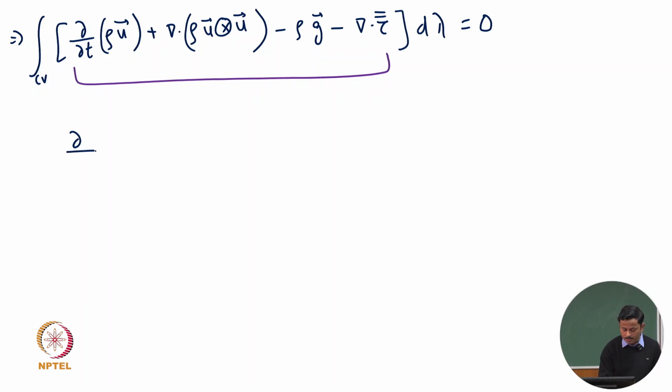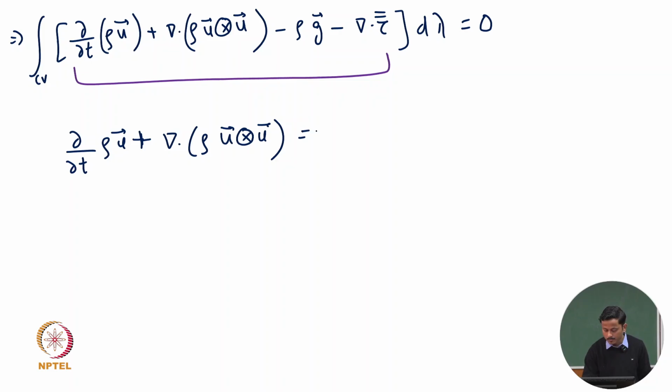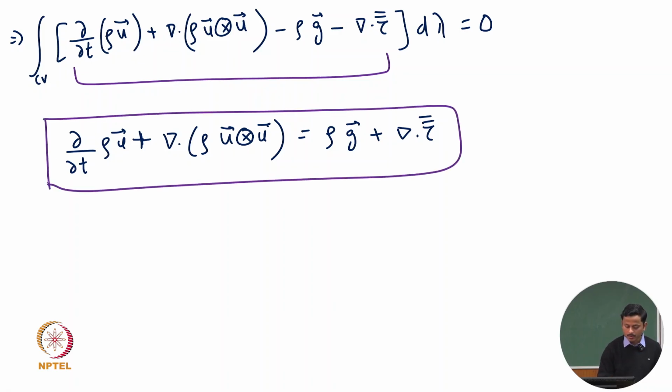So this gives us a form of the momentum equation. This is called the conservative form of the momentum equation.